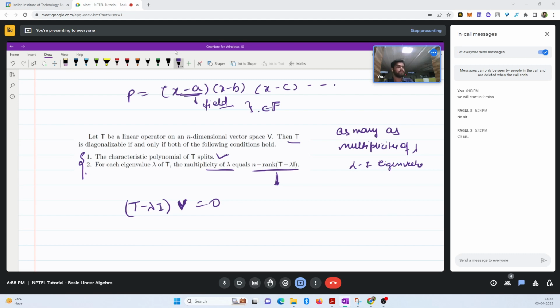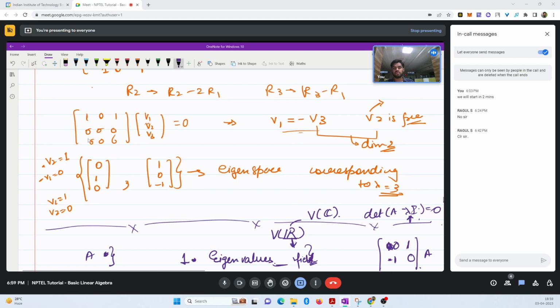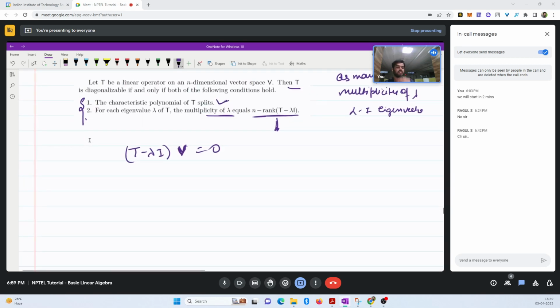For example, when we were solving this particular example, we had two non-zero rows. That's why two of our variables became free and we got two linearly independent eigenvectors. So whatever is the number of zero rows in the row echelon form of this particular matrix, that will give you the number of linearly independent eigenvectors that you can have.